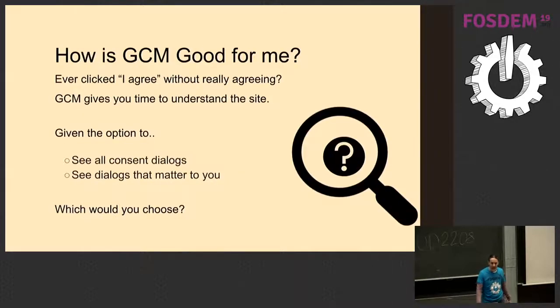So, how is it good for you? If you ever get a link to a website, that's a news story, and it's the first time you visit the website, you don't really care to interact with it on a meaningful level. You just want to read the article that you got linked, right?